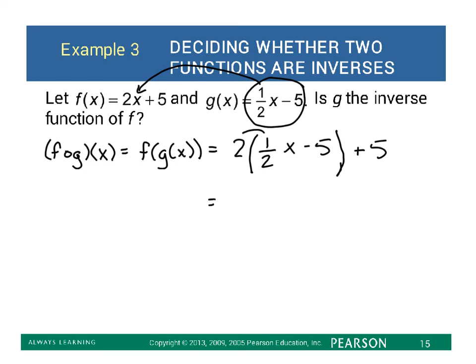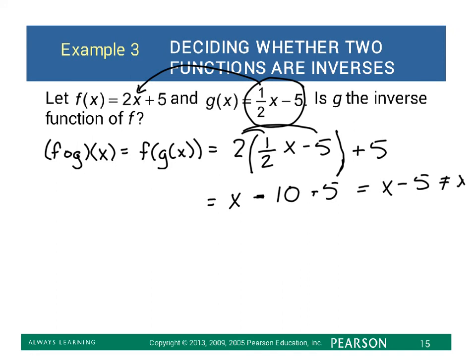We get, distributing this number, let's see, x minus, oops, not an equal, minus 10 plus 5. And that reduces to x minus 5, which is not equal to x.